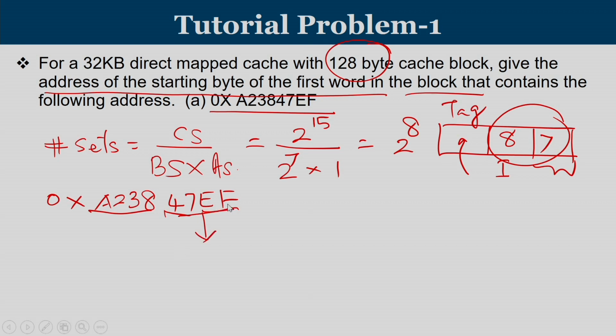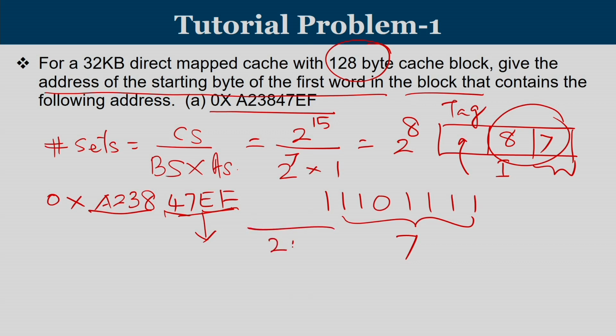Now, these are the last 8 bits, E and F. When you write it in binary, E stands for 1110 and F stands for 1111. These are the last 8 bits, out of which the last 7 bits will tell you the byte number within that block.